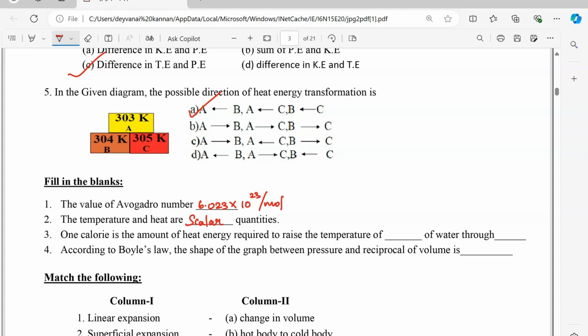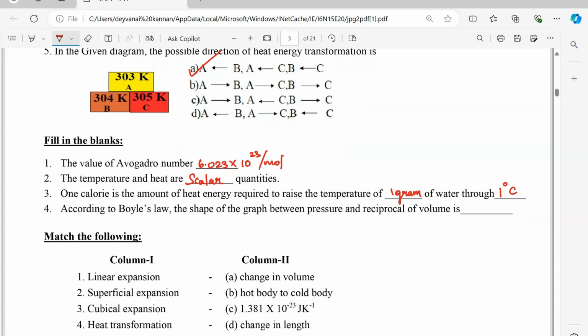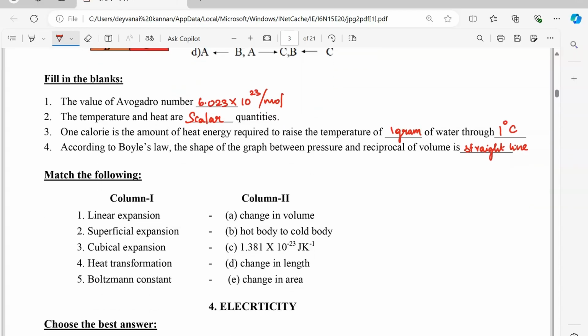1 calorie is the amount of heat energy required to raise the temperature of 1 gram of water through 1 degree Celsius. According to Boyle's law, the shape of the graph between pressure and reciprocal of volume is a straight line. Match the following.